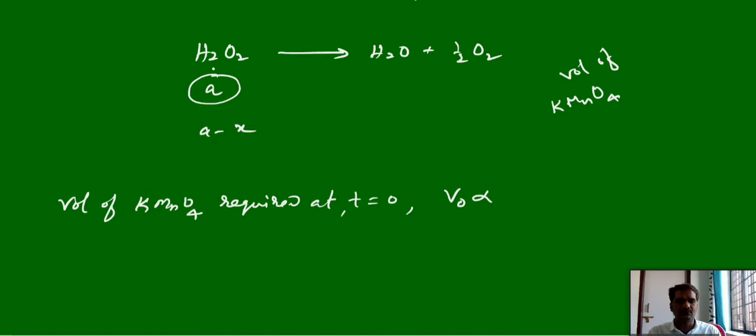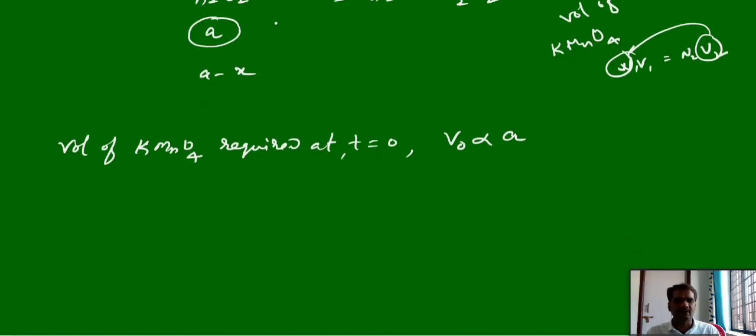Whatever the amount of H2O2 there is, an equal amount of KMnO4 is needed, according to the law of equivalence, N1V1 equals N2V2. So volume is directly proportional to concentration. So the volume of KMnO4 required is directly proportional to the initial concentration. If you take more concentration of H2O2, we require more amount of KMnO4.